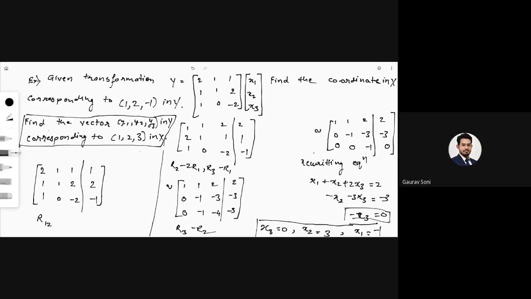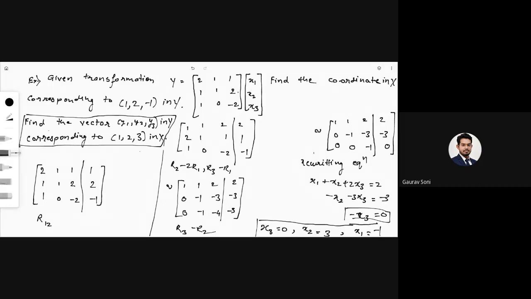How do we do it? I just need the process, not the final answer. We will put the given values of x, that is 1, 2, 3, in the place of x1, x2, x3. Exactly. We'll directly multiply.